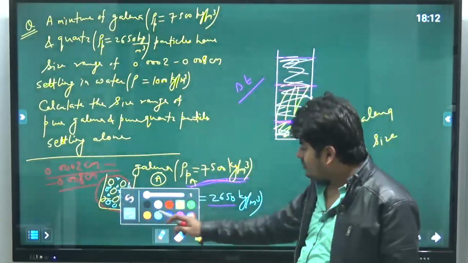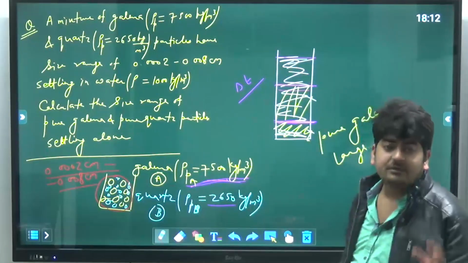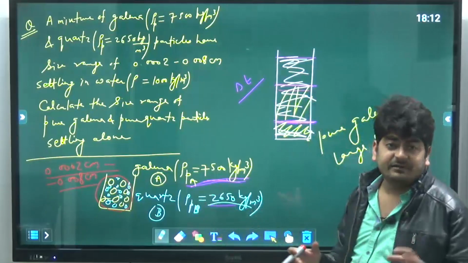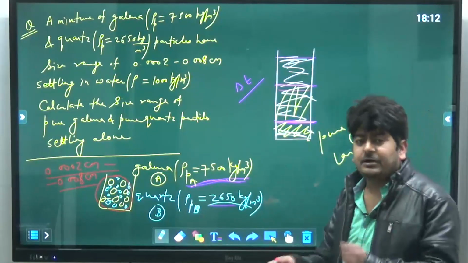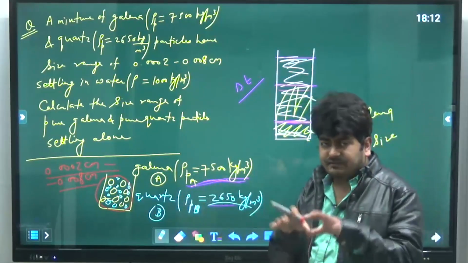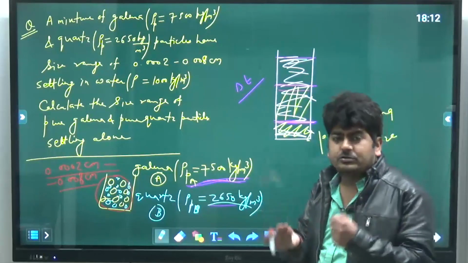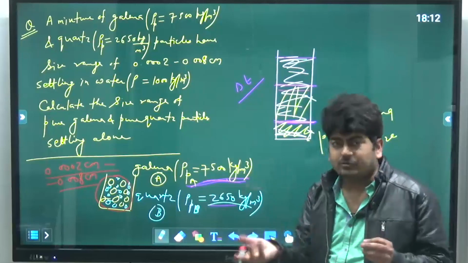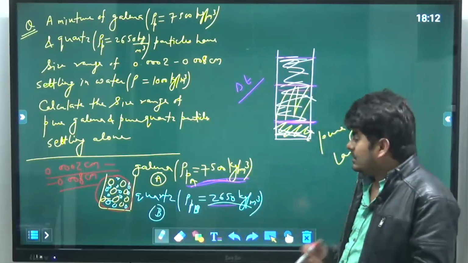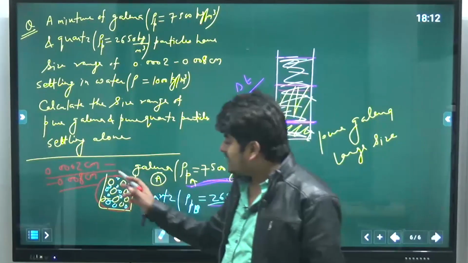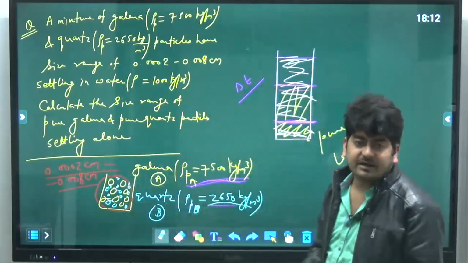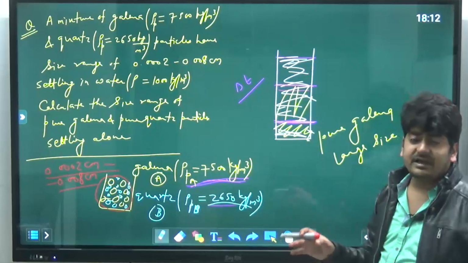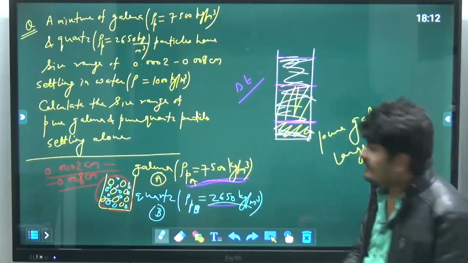Now if I talk about the quartz particles, we know that quartz particles, their density is low, so they will settle with lower velocity as compared to galena particles. If we compare the equal size particle, the settling velocity of quartz particle should be less as compared to that of our galena particle. So in this mixture, the small size quartz particles will have very slow settling velocity.